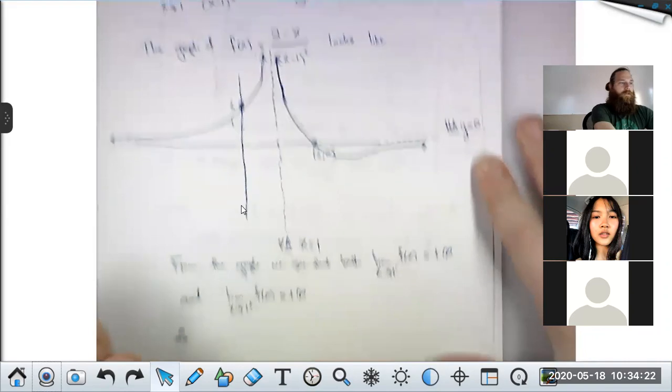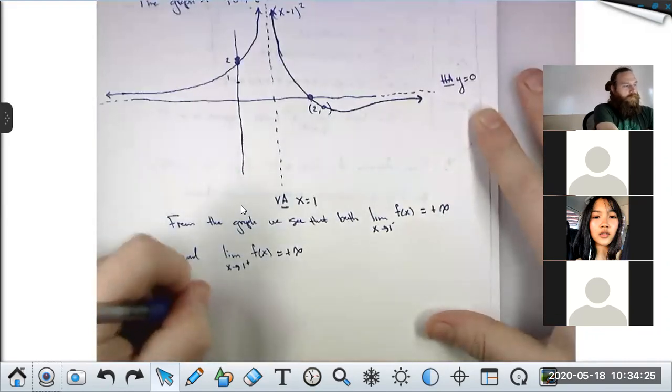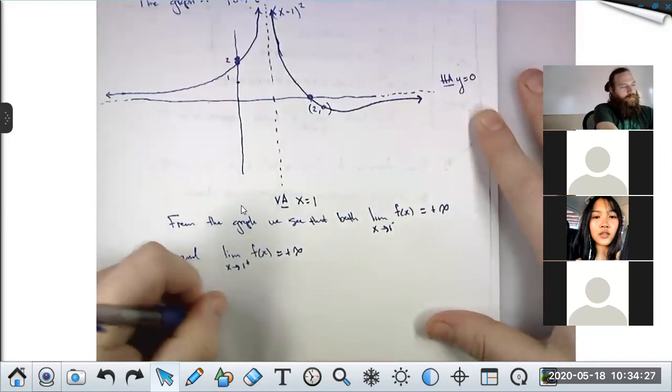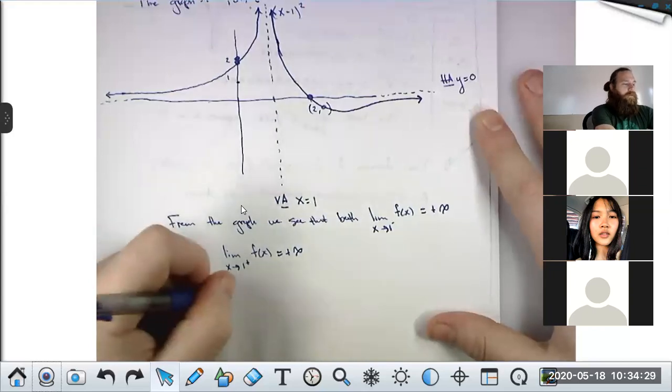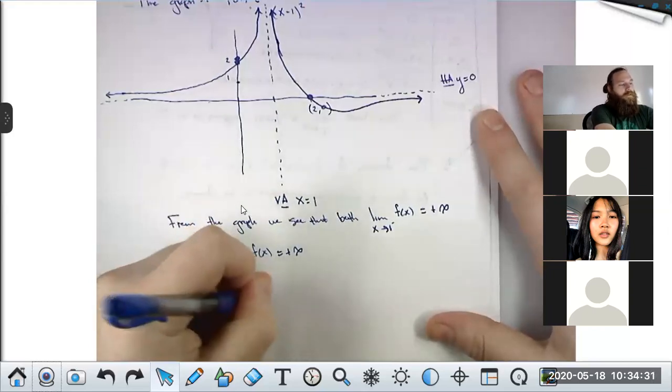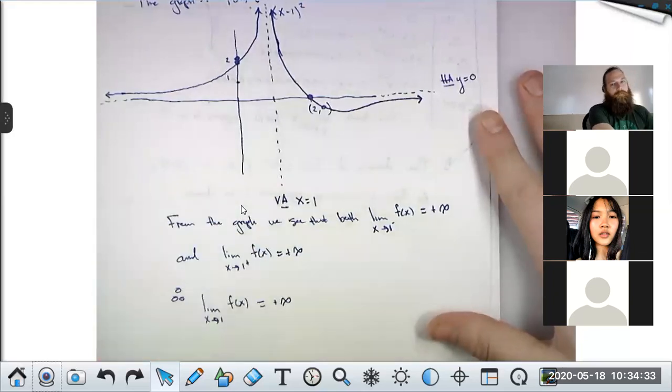Therefore, the limit as x approaches 1 without any direction of f of x is plus infinity.